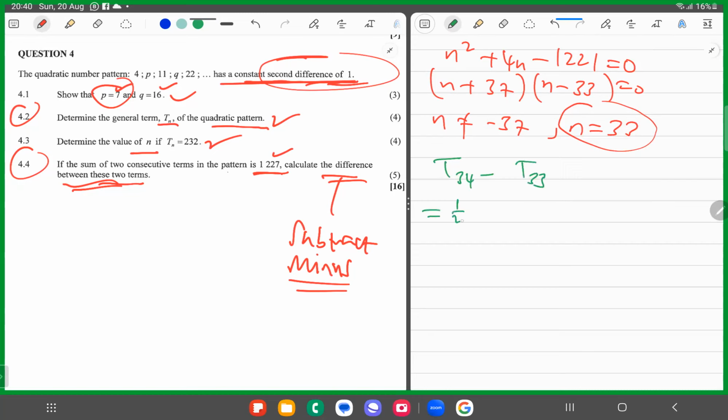T 34 is 1/2 times 34 squared plus 3 over 2 times 34 plus 2. That shouldn't be the formula, but you subtract 1/2 of 33 squared plus 3 over 2 times 33.